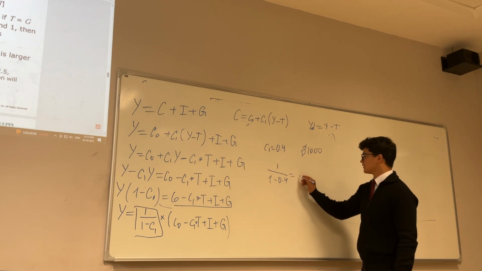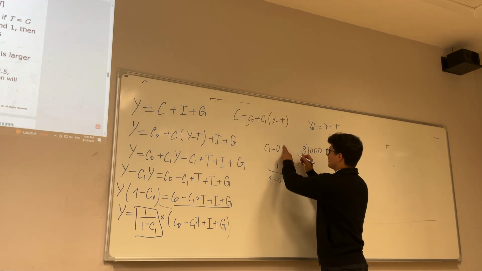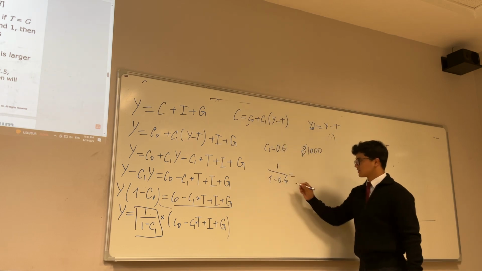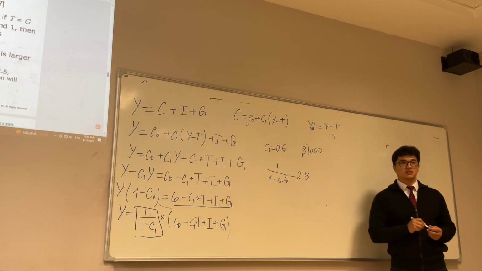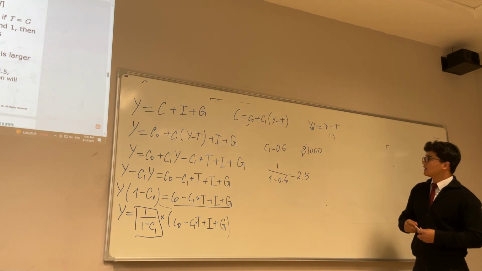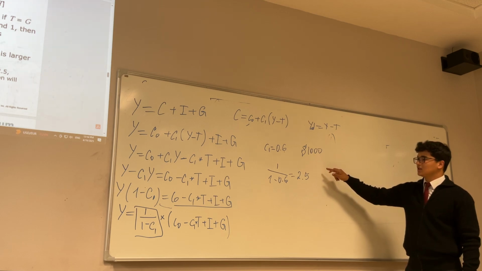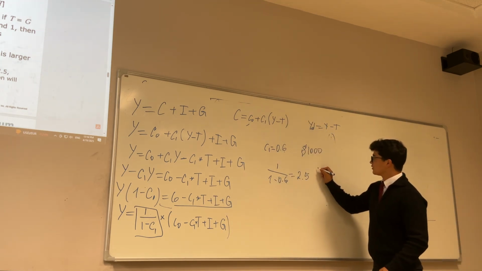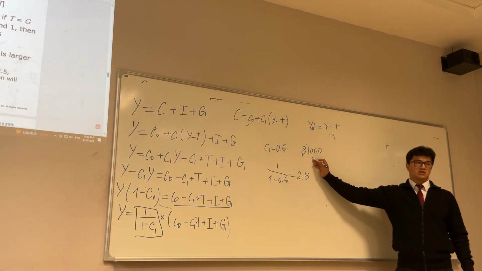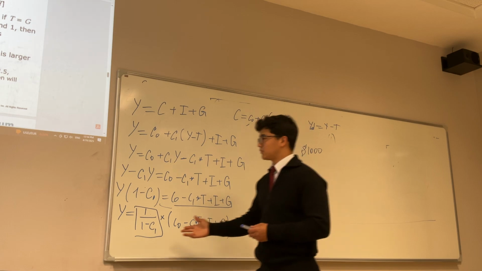That gives us, let's make it 0.6 in order to make the calculation precise, 2.5, right? So it means that an increase in government spending of $1,000 results in an increase in consumption by our multiplier multiplied by 1,000. So 2,500. That's what the multiplier means.